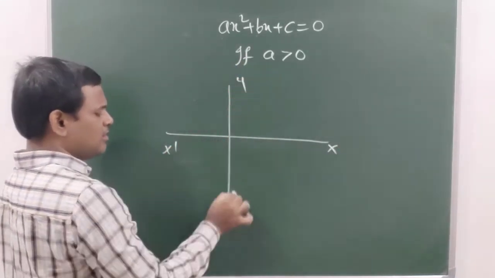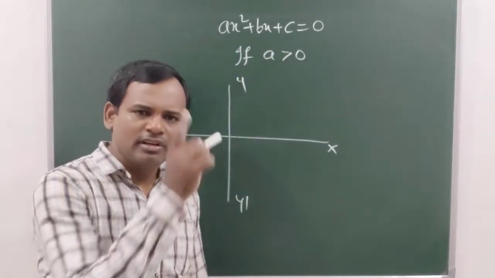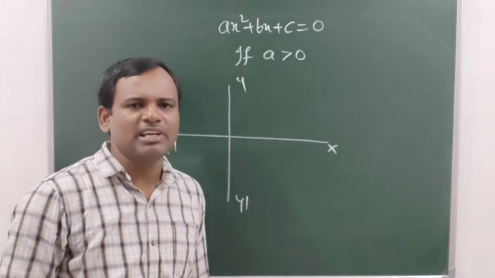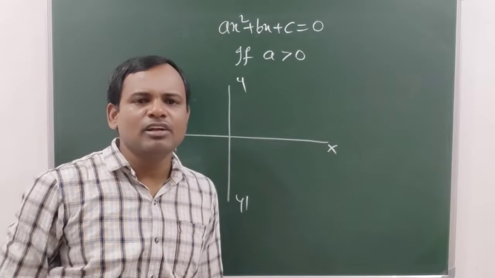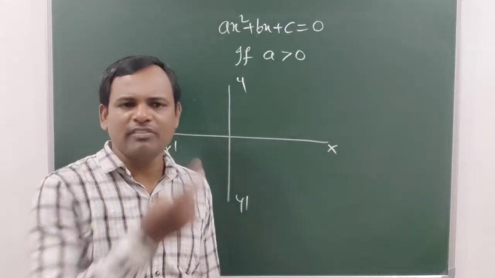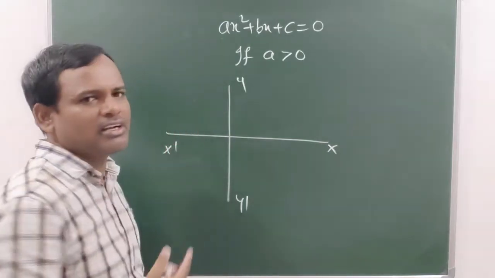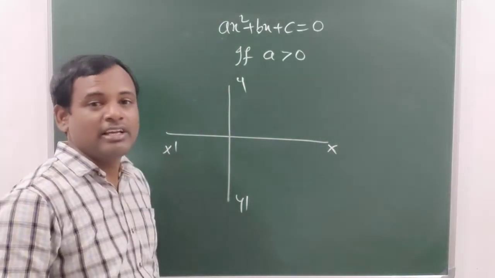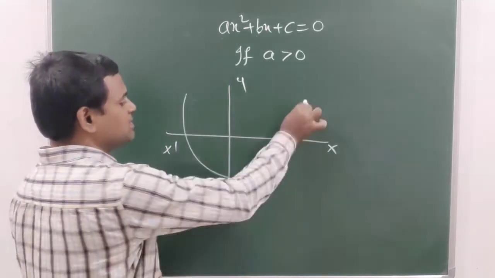They said the quadratic equation has two roots, and even mentioned those roots as alpha, beta, which means it has two distinct real roots. Whenever it has two distinct real roots, the graph of the quadratic equation will intersect the x-axis at two places.